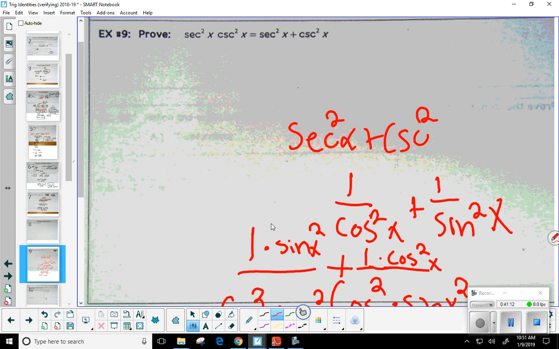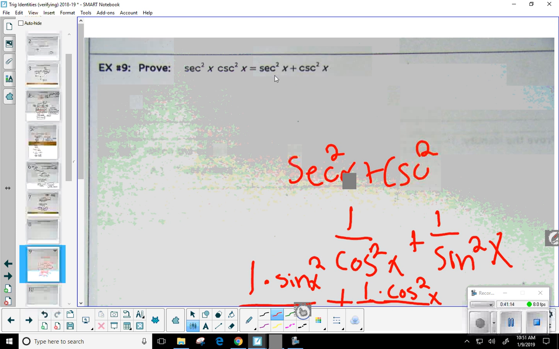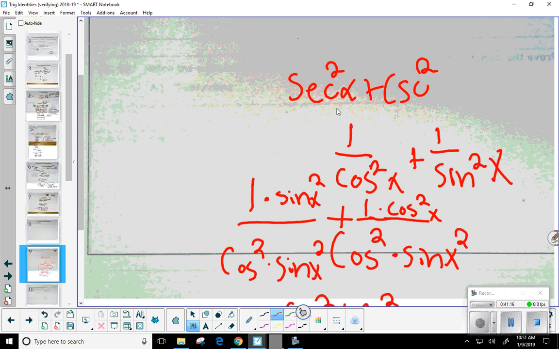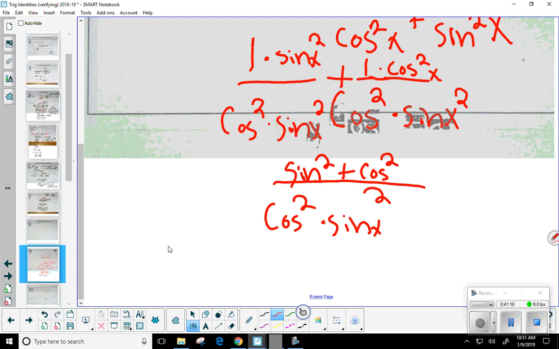And then remember, we're looking for secant squared times cosecant squared. And actually, now you do have a Pythagorean identity. What is sine squared plus cosine squared? It is 1.